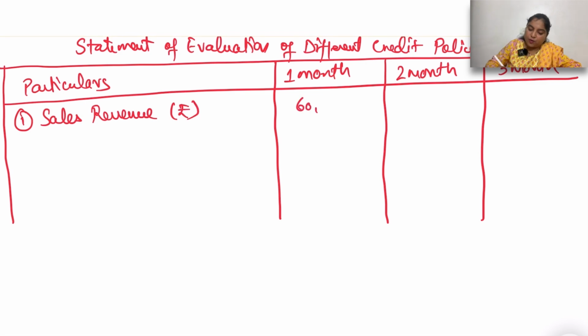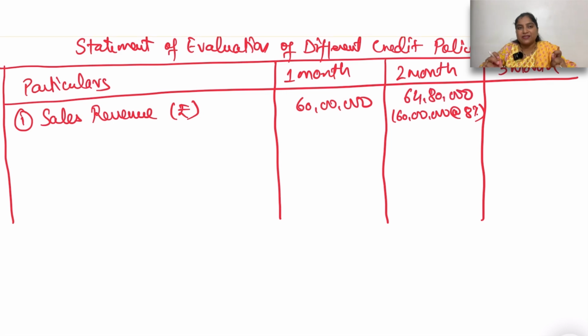Sales revenue for 1 month is given as 60 lakh. Then we have seen it increased by 8%, then 30%. So let's compute 60 lakh plus 8%. 8% of 60 lakh is 4 lakh 80,000, total 64 lakh 80,000. Please satisfy yourself.